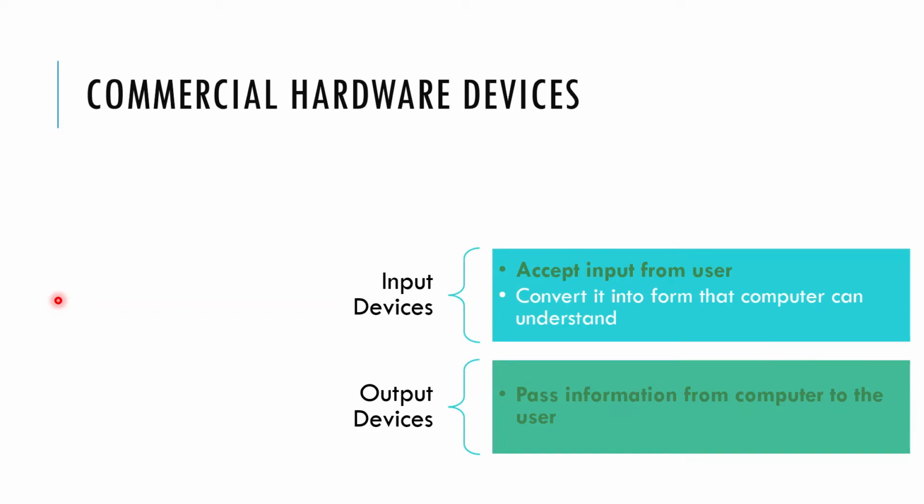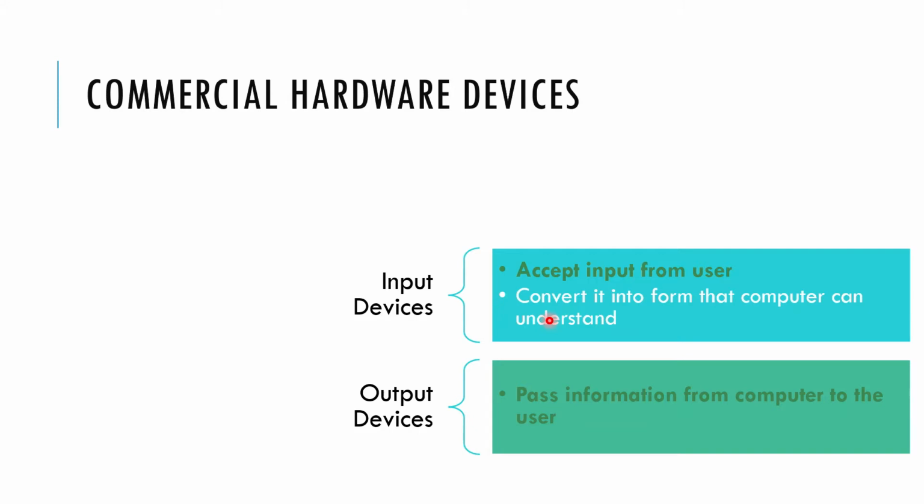Input devices. What are input devices? Input devices are those which accept input from the user and convert it into a form that the computer can understand. Basically, it's a piece of hardware that allows the user to provide data, information, or instructions to the computer.